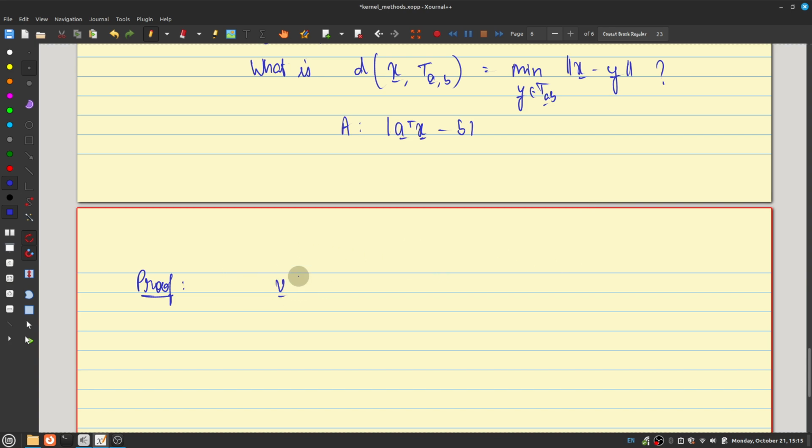Okay, so let me define V as the closest vector to X in this particular hyperplane, which is going to be X minus (A transpose X minus B) times the vector A. What is the distance between X and V?